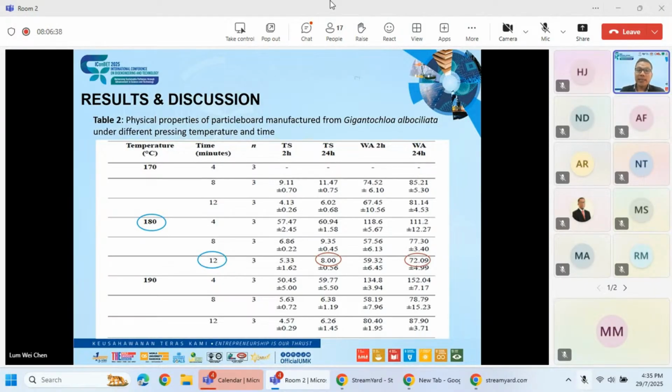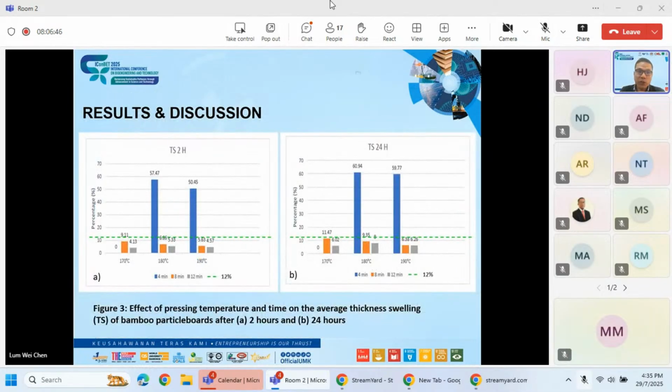So that's the reason in our case, 180 degrees Celsius for 12 minutes is the optimum. As you can see in this graph, again, the green dotted line is the 12% thickness swelling, which is the minimum requirement by the standards. So for thickness swelling, the lower, the better. And for the mechanical properties, MOR and MOE, the higher, the better.